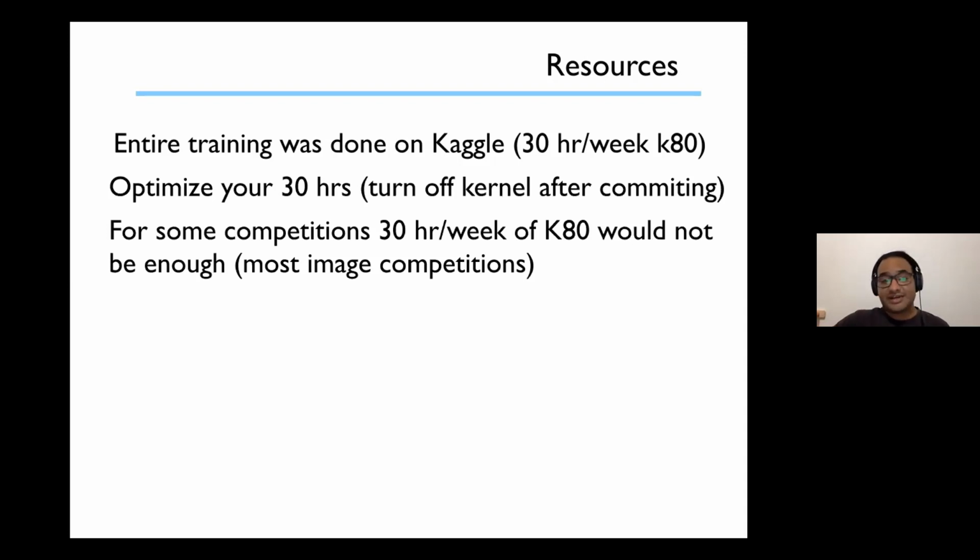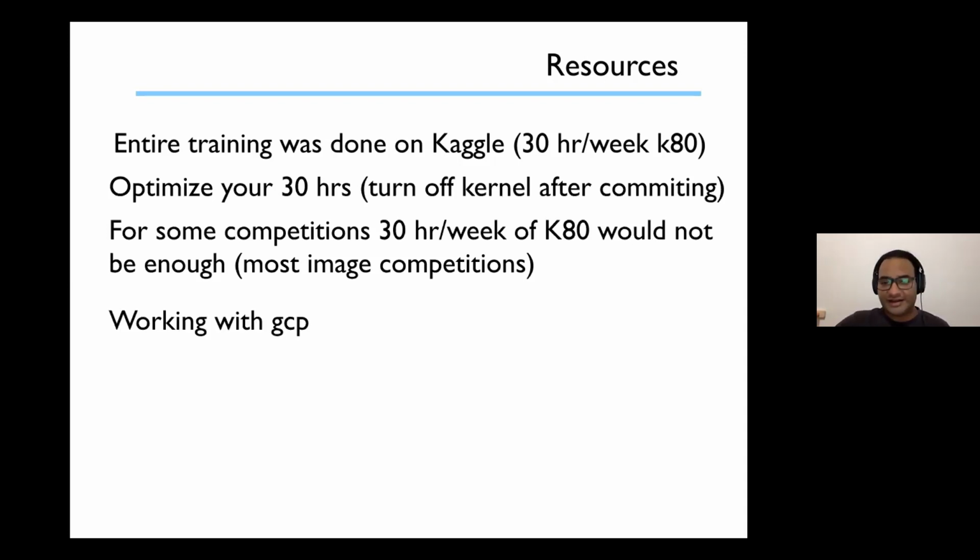Now, for some competitions, this 30 hours per week is not going to be enough. Most image competitions, and we tried, you can have a lot of good ideas and they're very useful, but you need to be able to try them. So for image competitions, you will absolutely need to work on platforms other than Kaggle.